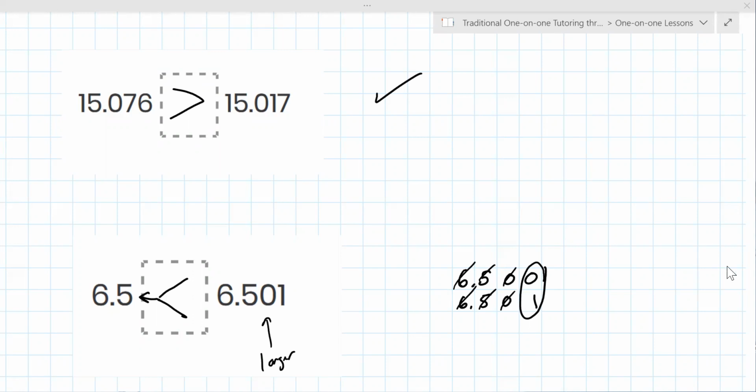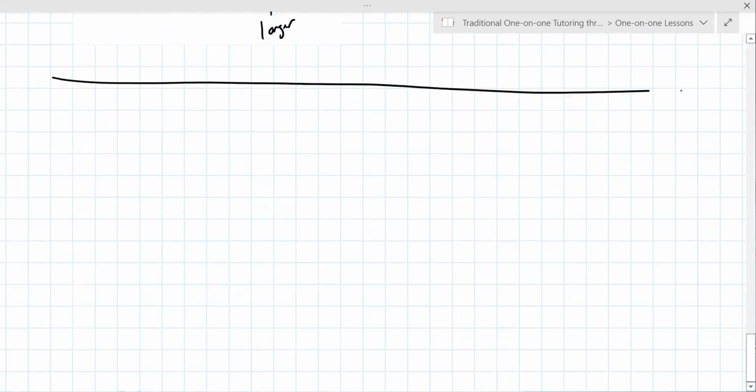Yeah, okay, let me just make a few up. That will be easier for us. I was looking for something else, but let's just do this together. So how about 3.9 and 3.99? Okay.